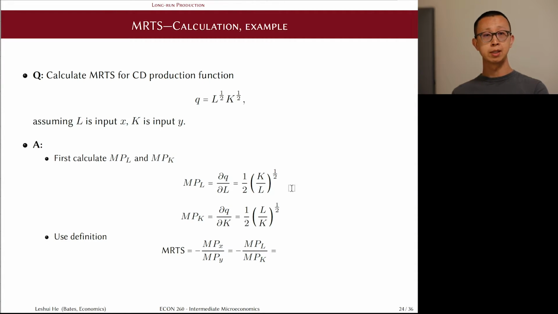The algebra is exactly the same as the example where we calculated MRS for the Cobb-Douglas utility function. Similarly, the marginal product of capital is just 1/2 times L over K to the power of 1/2. Once we take a ratio between these two marginal products with a negative sign, we find that the MRTS is just minus K over L, which takes a very similar form as the marginal rate of substitution.